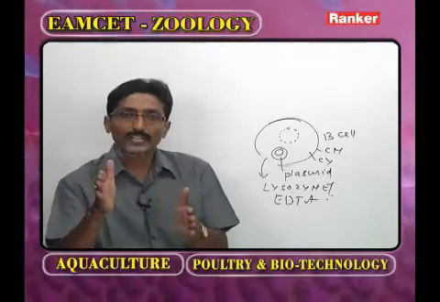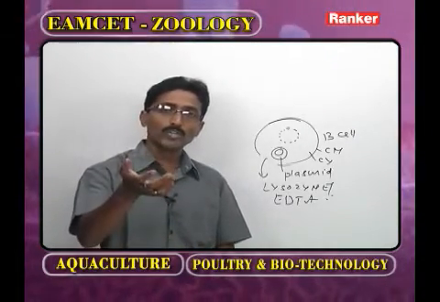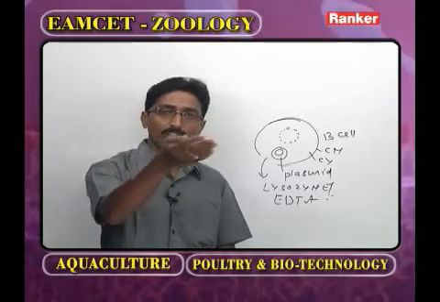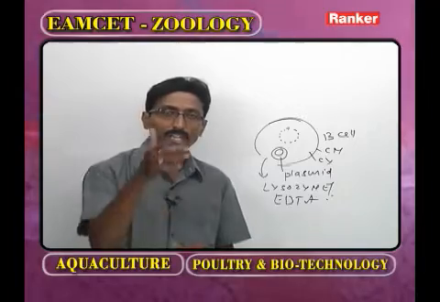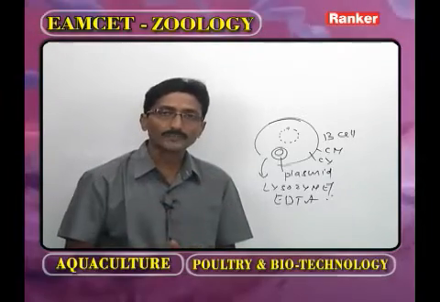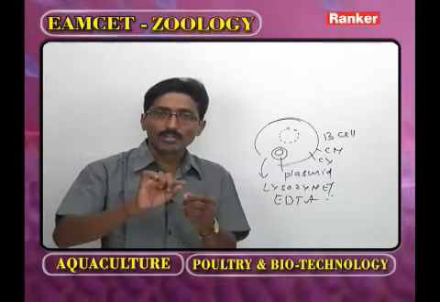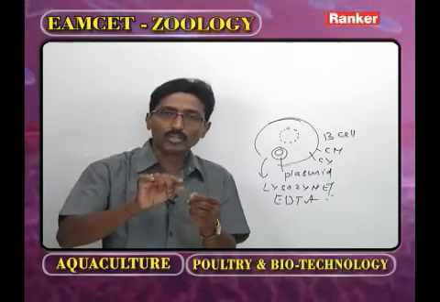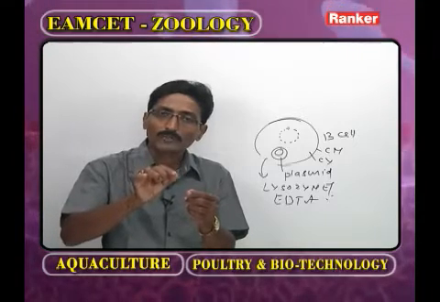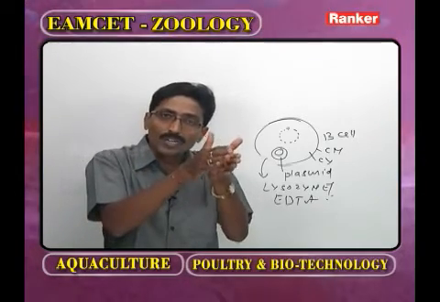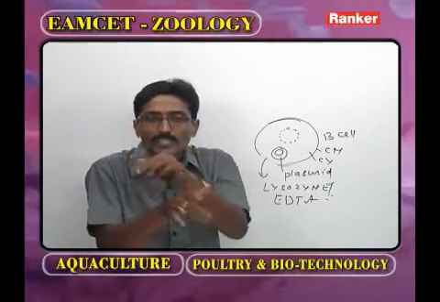The donor DNA is carried by a vector, which may be a plasmid, bacteriophage, cosmid, BAC, or YAC. A vector is nothing but a DNA. With the help of restriction endonuclease, the vector is also cleaved.